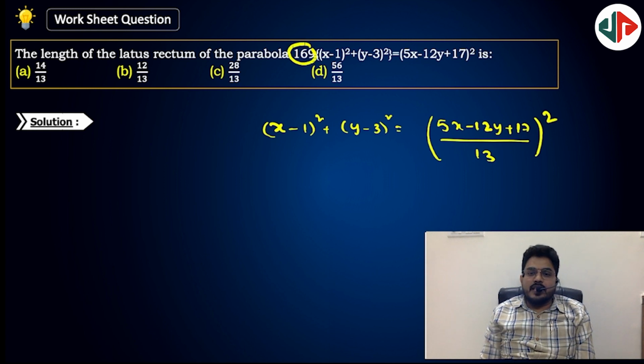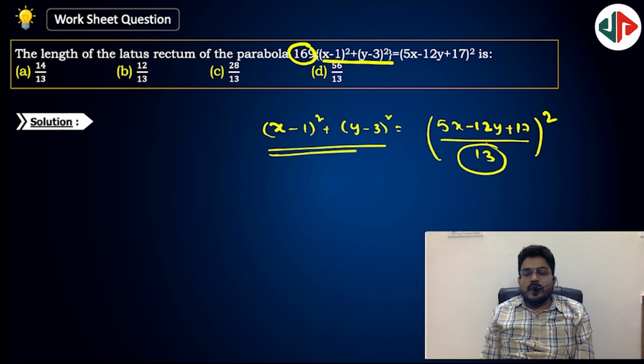This 169 becomes 13^2, which is the square root of a^2 + b^2. So what is the length of the latus rectum? Here this is SP^2 = PM^2, you are getting that, SP^2 = PM^2.